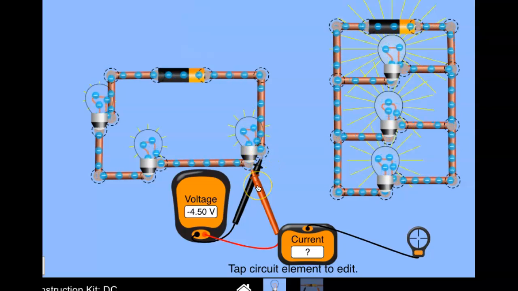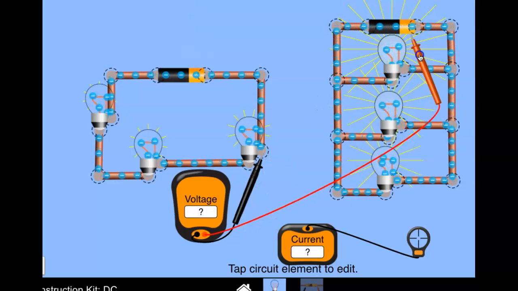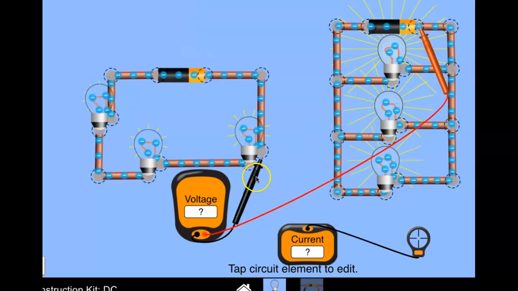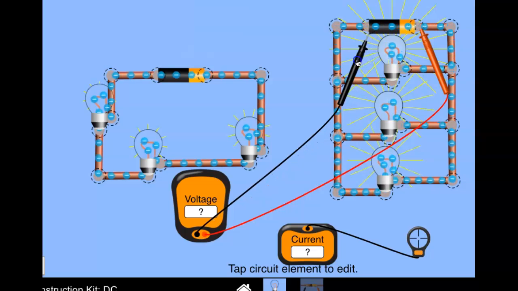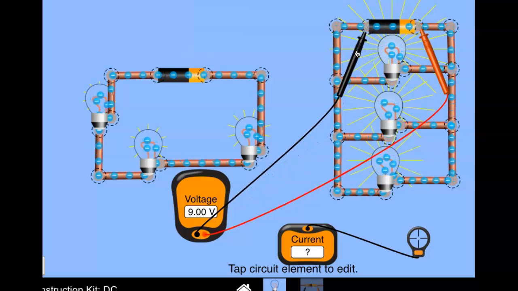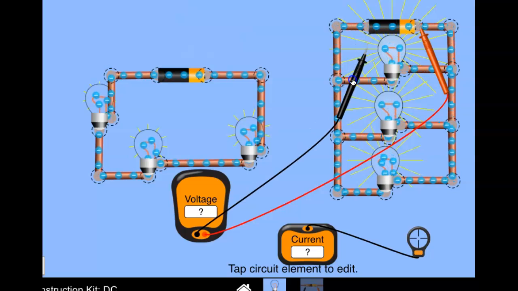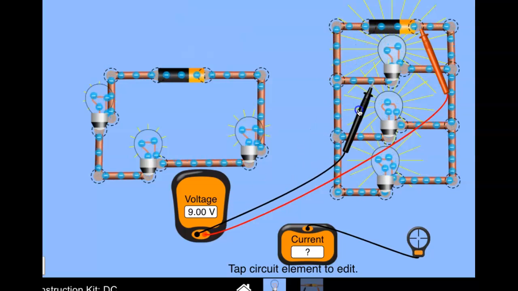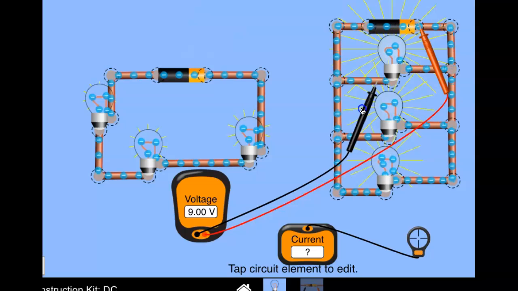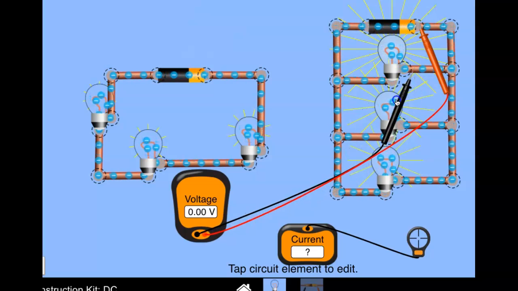We could also do that even in the parallel circuit. So if I come up here to the positive, I'm going to put a red on the positive, just like we talked about. Black on the negative. We have a 9-volt battery. Now if I go to this circuit here, I'm going to put black on the negative.